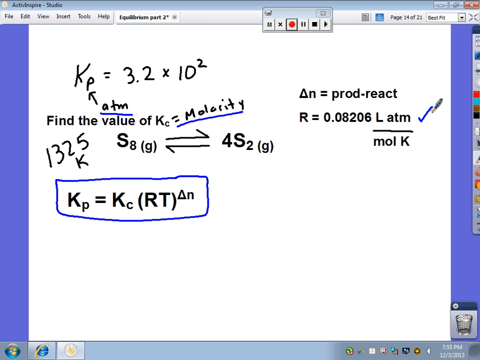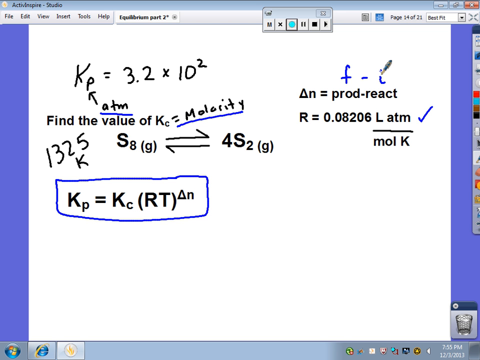It's 0.08206 liter atmosphere per mole Kelvin. Okay, that's the gas law constant. Pi is 3.14. R is 0.08206. And to do delta N, you're going to take the coefficients in the equation, and take the products minus the reactants, and that tells you the change in moles, right? Final minus initial.